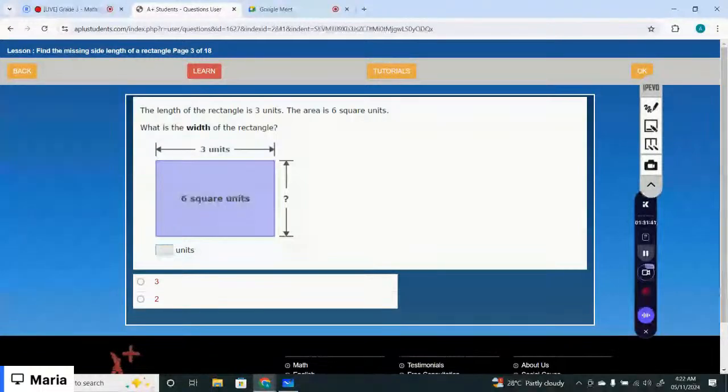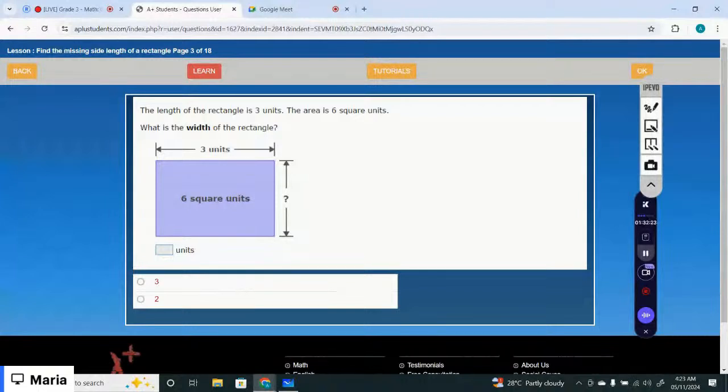The length of the rectangle is 3 units. The area is 6 square units.